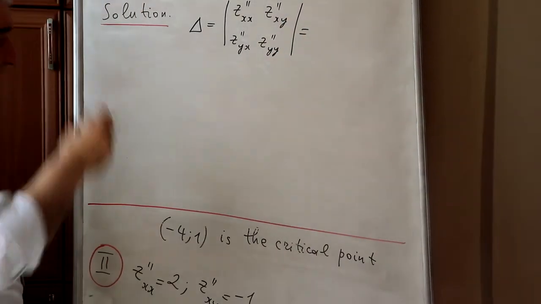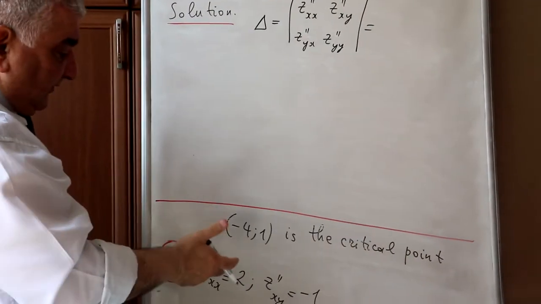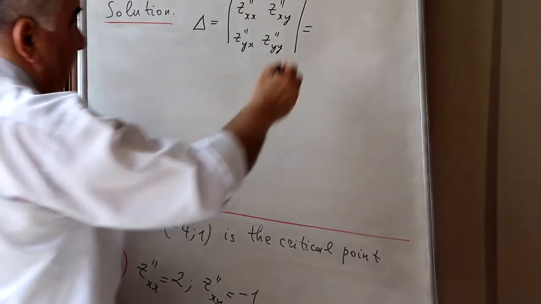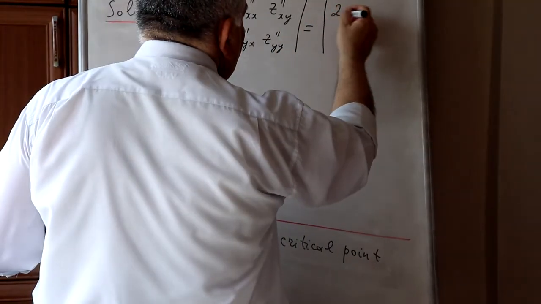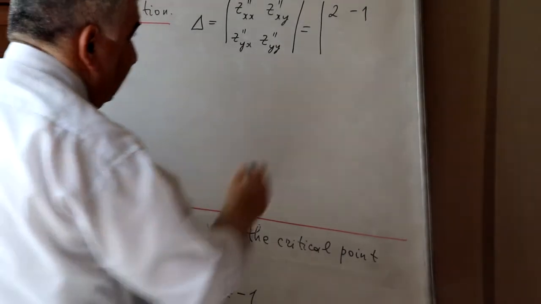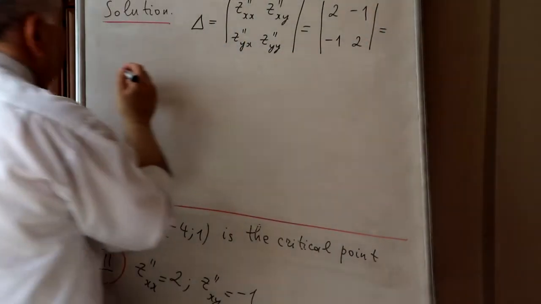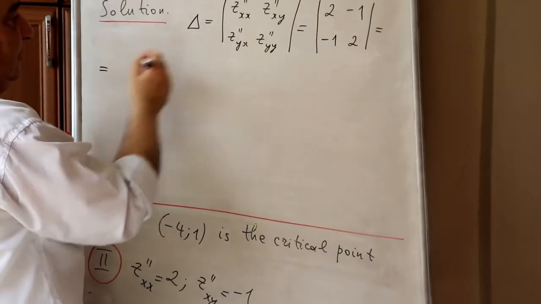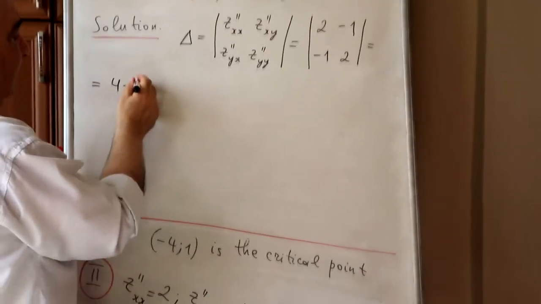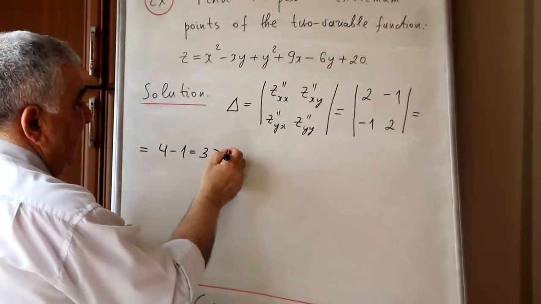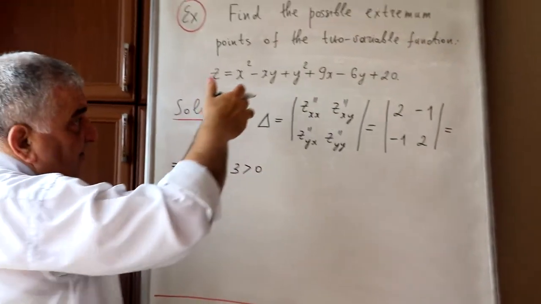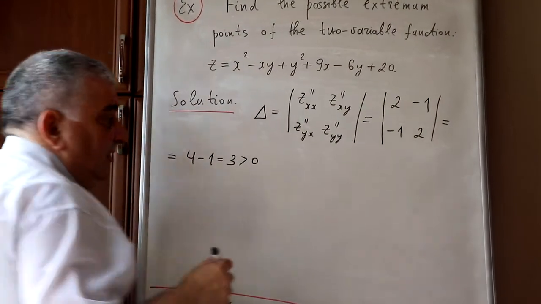Substitute their values: 2, minus 1, minus 1, 2. Then calculate the obtained determinant: 4 minus 1 is 3, which is positive. It means the given function has an extreme point.